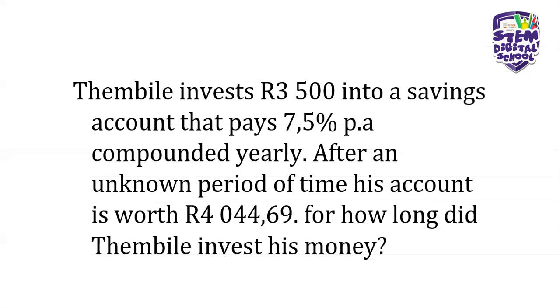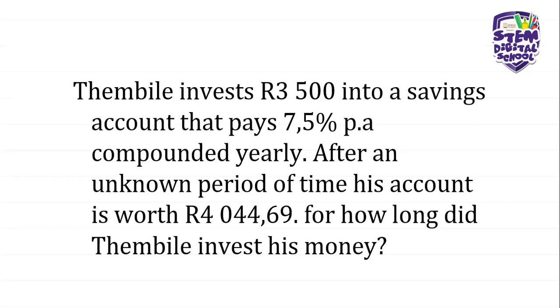Now that you have all the information except for one, where you don't have n, so you can see that in that equation there, we had A is equal to P, open bracket, 1 plus i, close bracket, to the power of n. So now is the time to find the missing value there, and the missing value is n.